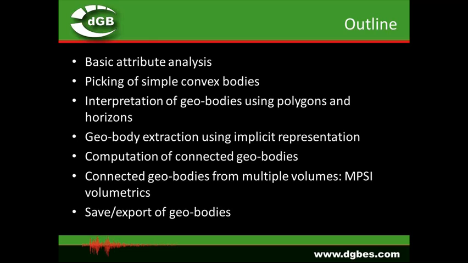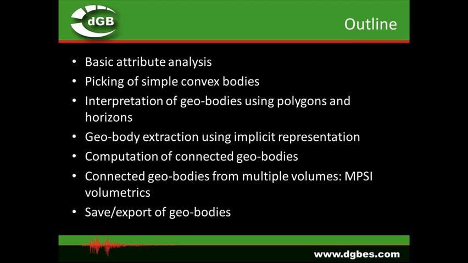And then we'll move on into a more complex set of geobodies extracted using either implicit representation or using the Voxel connectivity filter that is used to assess the connectivity, volumetric connectivity between different parts of geobodies.